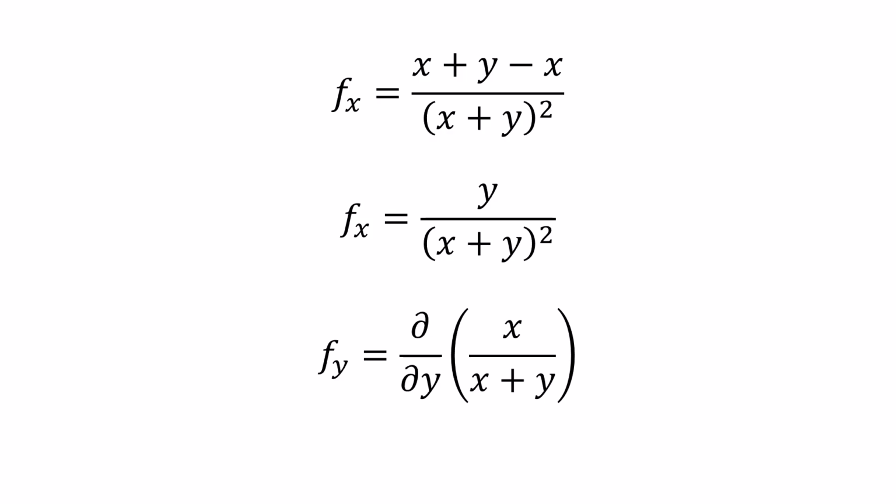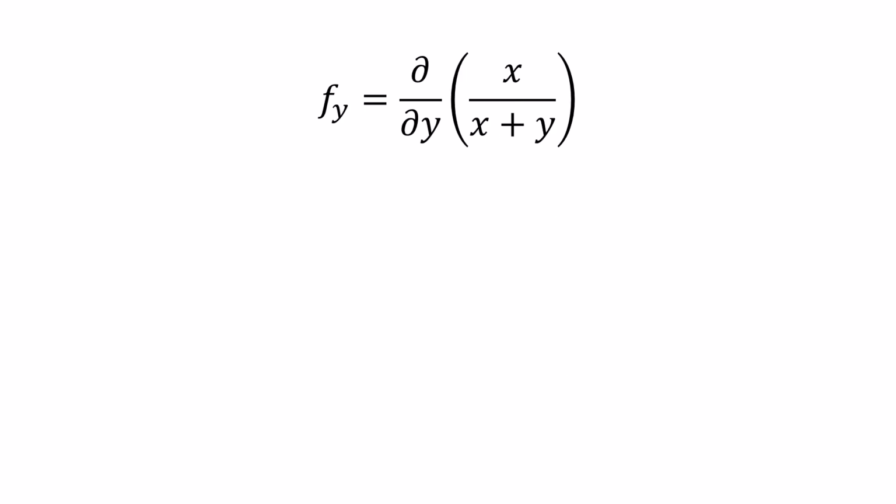Next, we find the partial derivative with respect to y. Applying exponential properties, we obtain f sub y equals d by dy of x times x plus y to the negative 1.